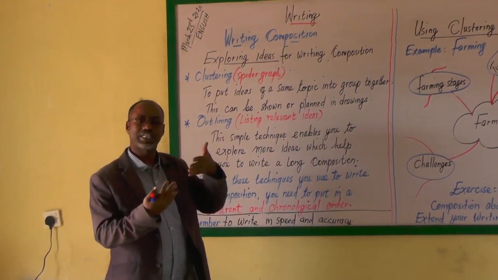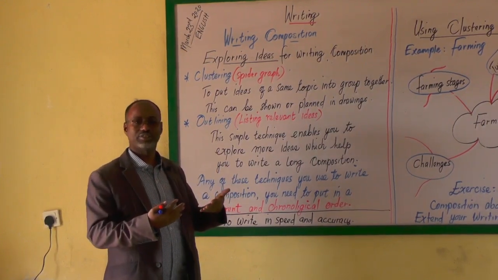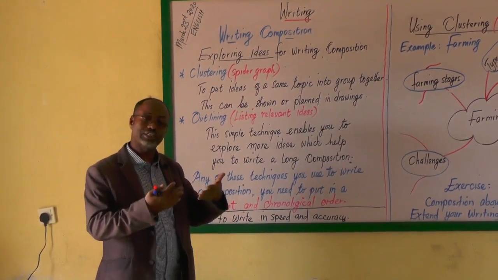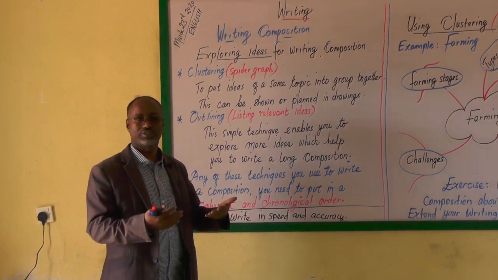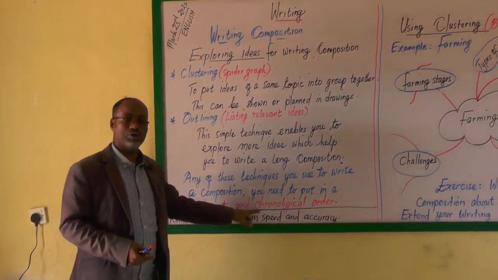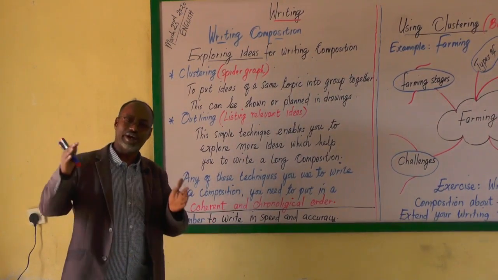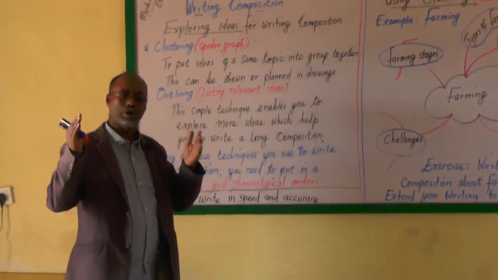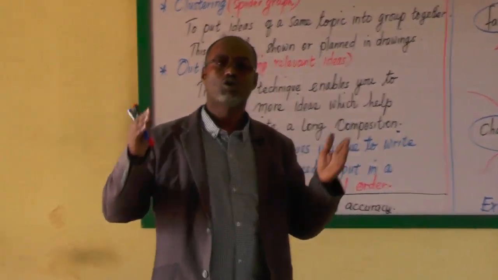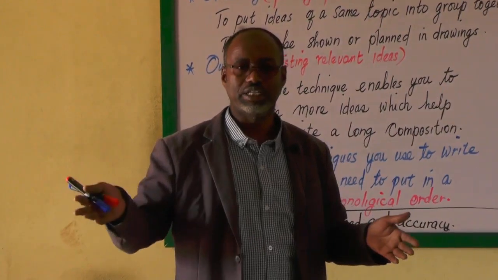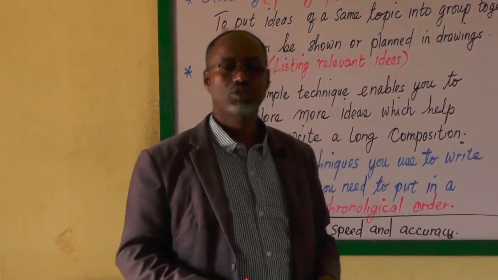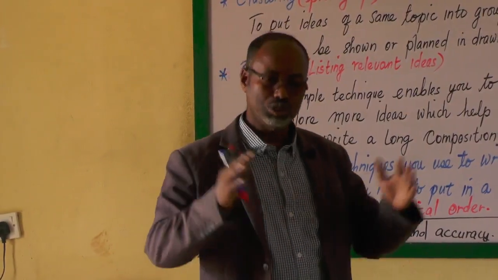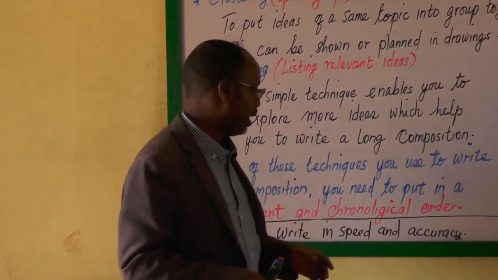In a way in which things relate to each other, a way that you can put in order. Chronological order means what? To arrange your ideas according to the time they happened. Which one was the first? Which one was the second? Which one was the third?